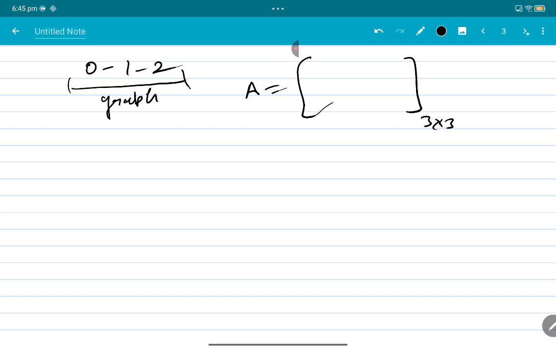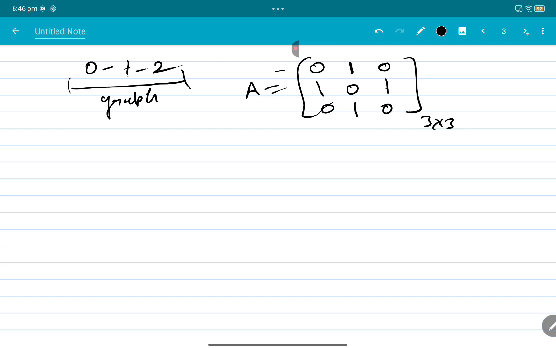For the 0th row, 0 is connected with 1, so we put 1 there, and it is not connected with 2, so we put 0. For row 1, it is connected with 0, so we put 1, and it is also connected with 2, so we put 1 there. And 2 is only connected with 1, so we put 1 there, and the rest of the cells are 0. Now we have built the adjacency matrix out of this graph.